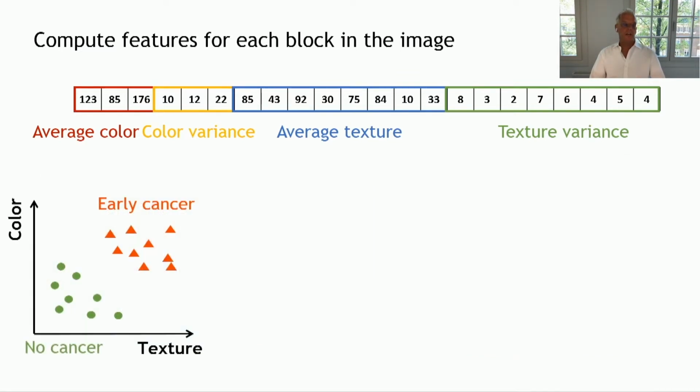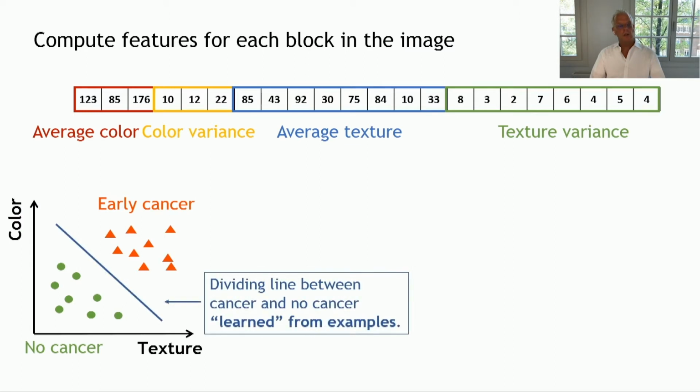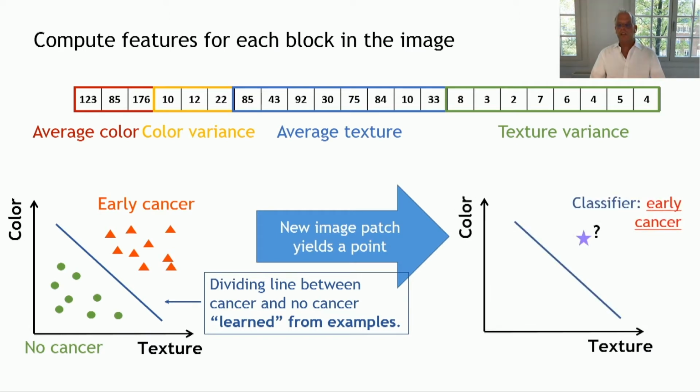The computer will then depict texture and color in graphs, and will find a distinction line between the color and the texture of early cancers and the color and texture of normal areas. And using this dividing line, we can then make predictions about a new image patch.